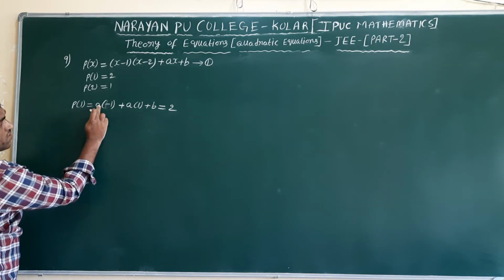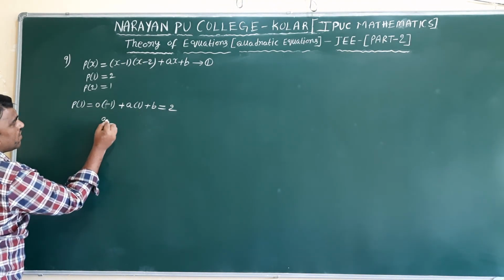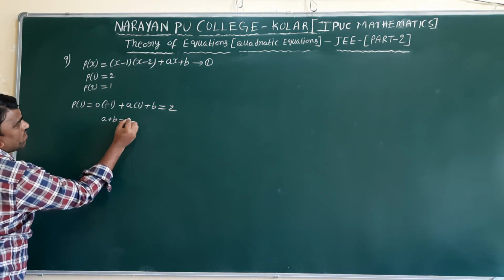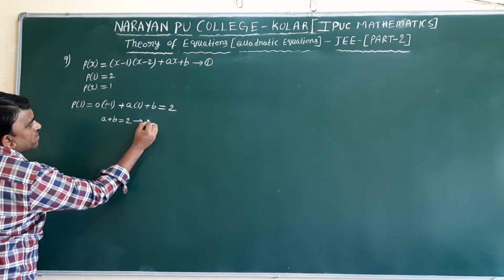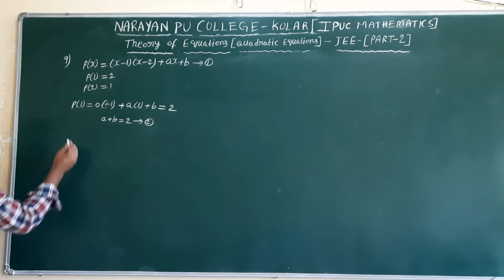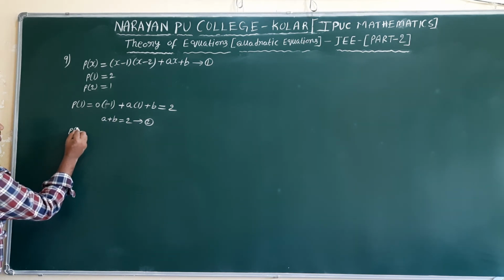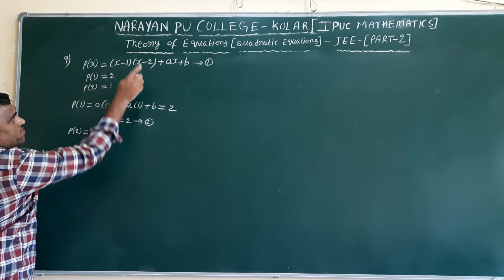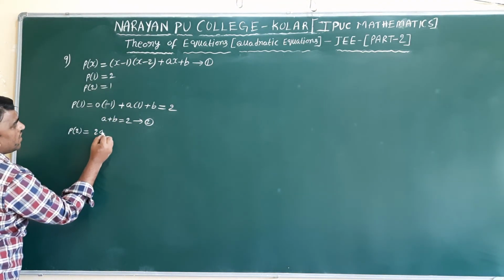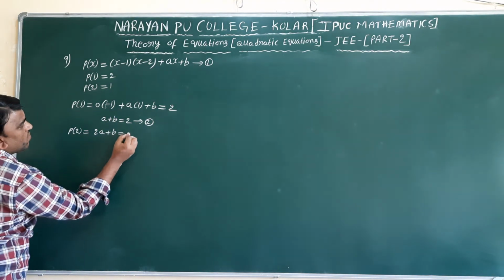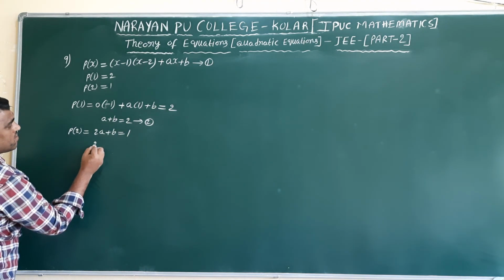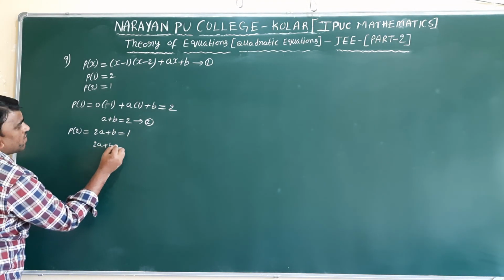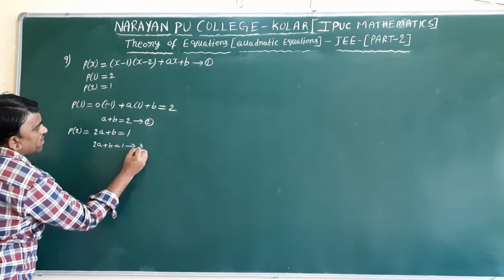So 0 into anything is 0, a plus b equal to 2, take it as equation number 2. Next, p of 2 value 1 is given, so in place of x substitute 2, so 2 minus 2 is 0, this complete term is 0, 2a plus b is equal to 1, equation number 3.